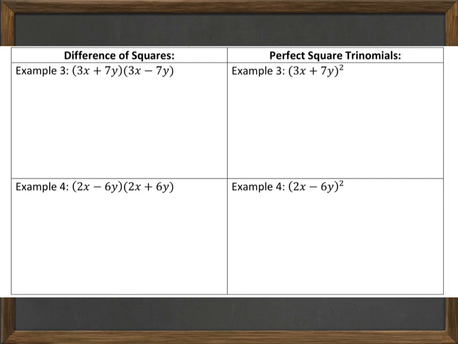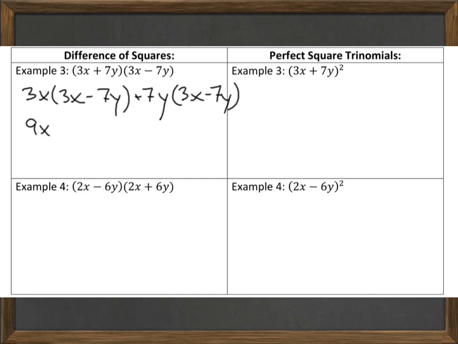Okay, let's do some more examples. So in example 3, we have 3x plus 7y times the quantity 3x minus 7y. Again, I'm going to employ the distribution method. You can definitely use FOIL or any other valid method that you choose.